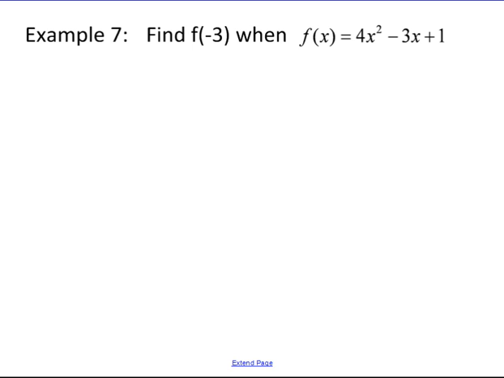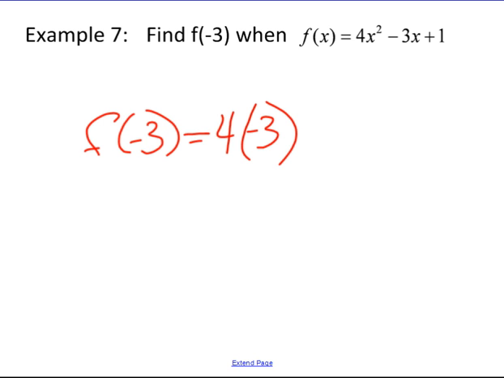Example 7, f of negative 3. Anytime I have an x, I'm going to replace it with negative 3. Remember, when you substitute in, always substitute in with parentheses. Always substitute in with parentheses. And it's important to realize that I have parentheses here with the exponent on the outside.